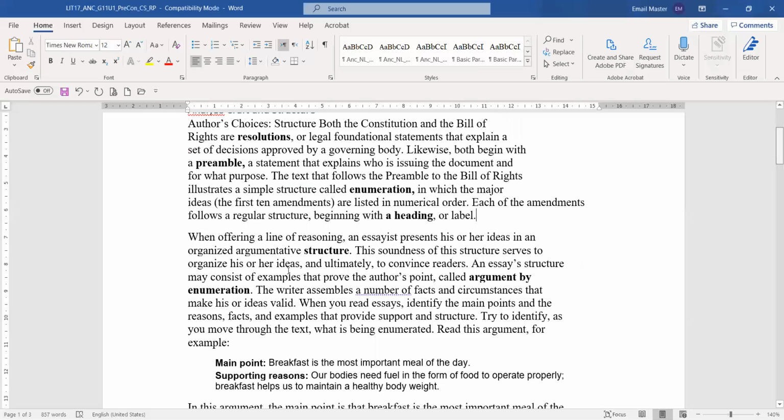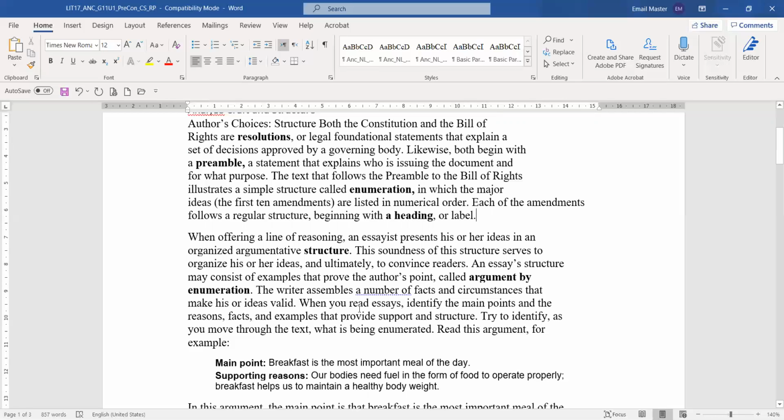So when offering a line of reasoning in essays, the person who writes presents his or her ideas in an organized, argumentative structure. This structure serves to organize his or her ideas and ultimately to convince readers. So they have to persuade the readers to support their own ideas.